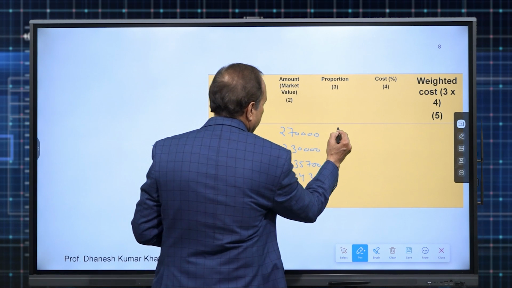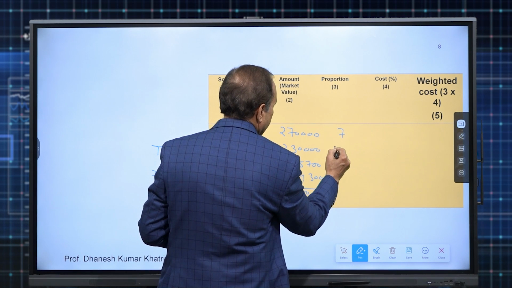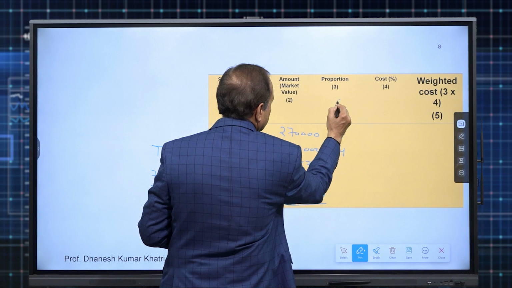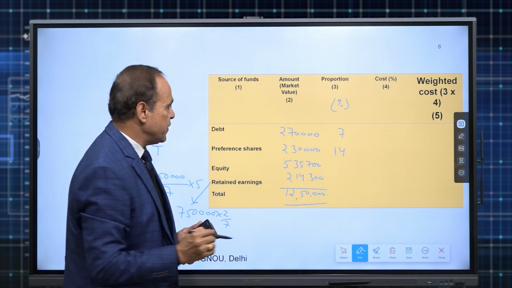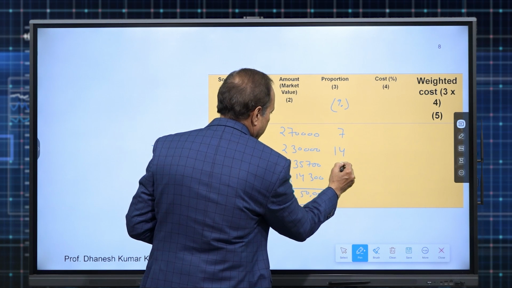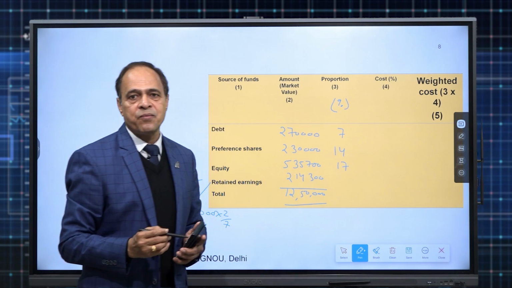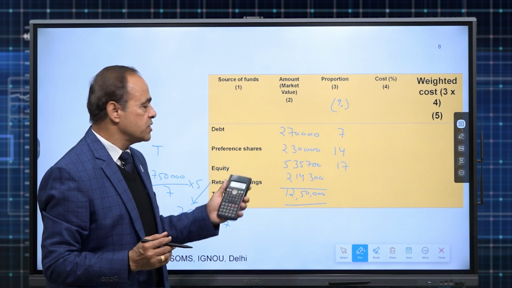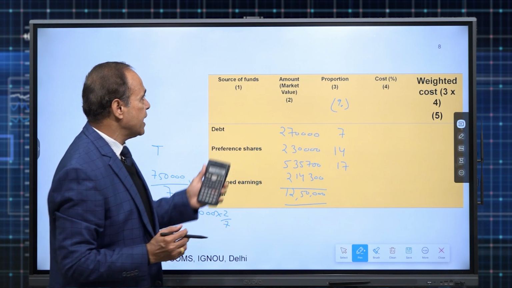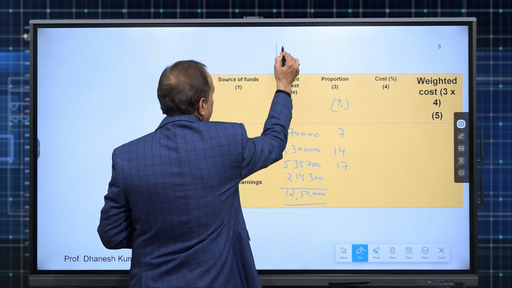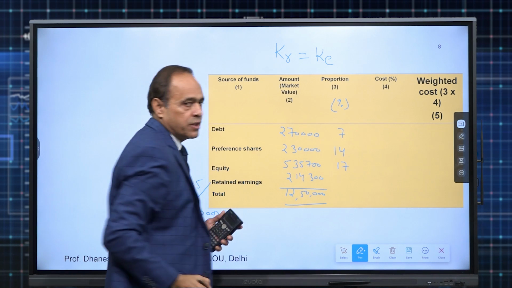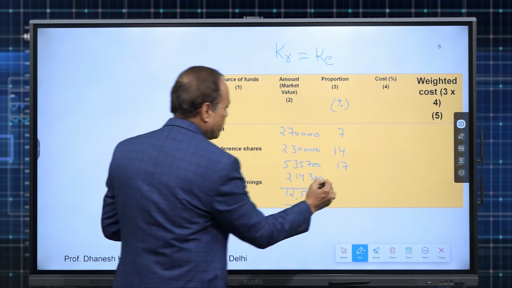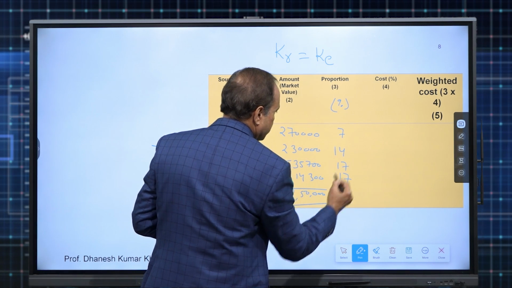Now cost of debt was 7%. Preference was 14%. Cost of equity was 17%. Now you might be thinking, cost of retained earning is not given. But as a recap, cost of retained earning in an implied manner is equal to cost of equity. So in this case, cost of retained earning is 17%.